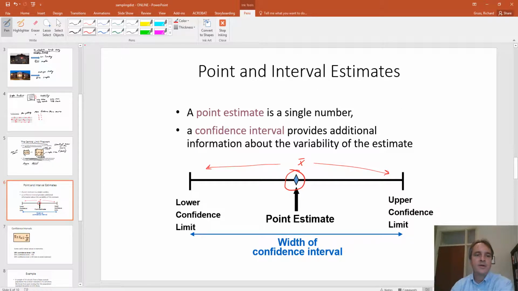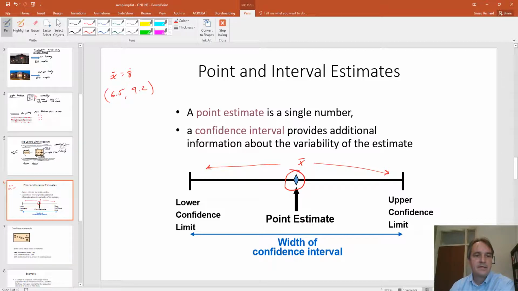So for example, if we say in that last example that we have, let's say, an average of 8, we say we had a sample mean of 8, but the true population mean could be anywhere from, let's say, 6.5 all the way up to 9.2, okay?